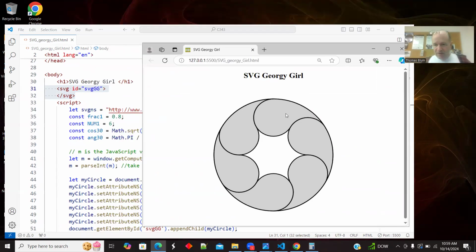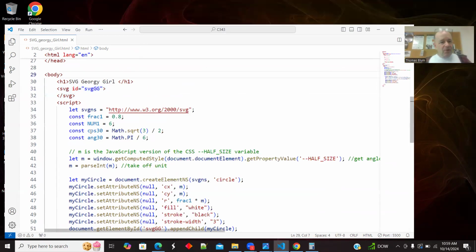Okay. And so I'm making this in three arcs, and then I'm making six of them. So this fraction is just, I'm not going to fill the whole square. I'm going to go to, I don't know, 80% of the square. I'm going to have six circles going around.